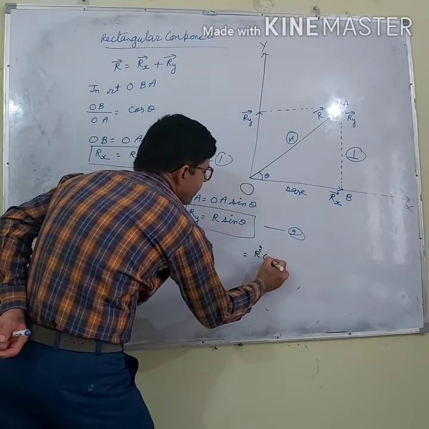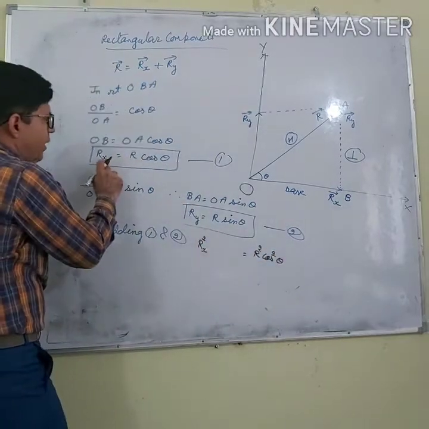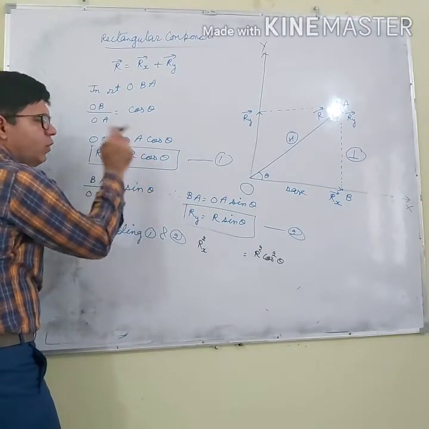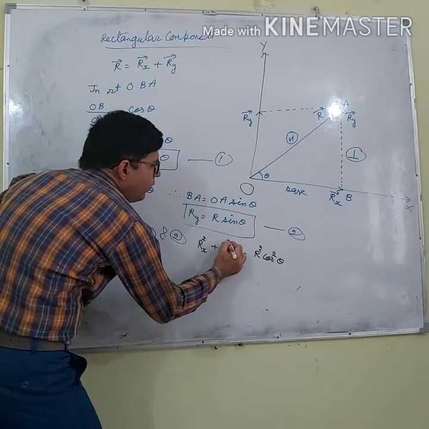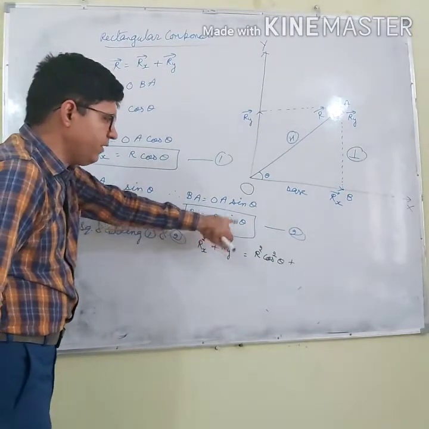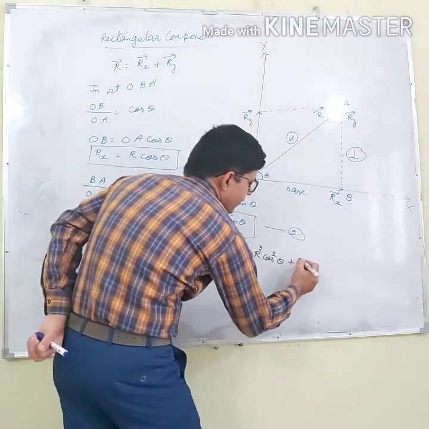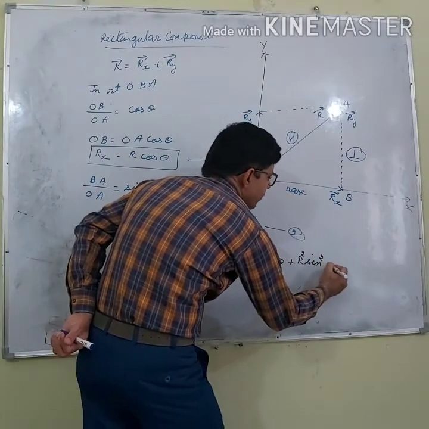R square cos square theta, plus Ry square. And what is this? R square sin square theta.